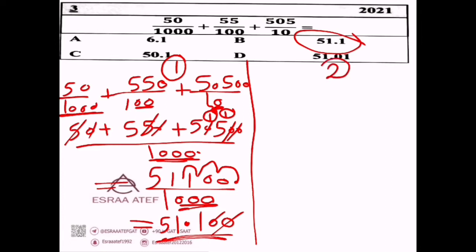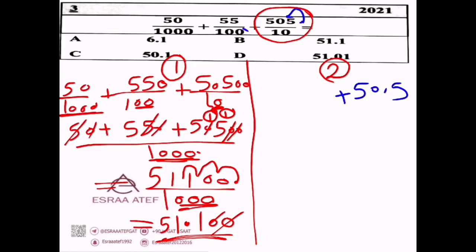The second method is dividing each one by its denominator. How can we do it? 500 over 10 means I will move the decimal one place, so it will be 50.5.